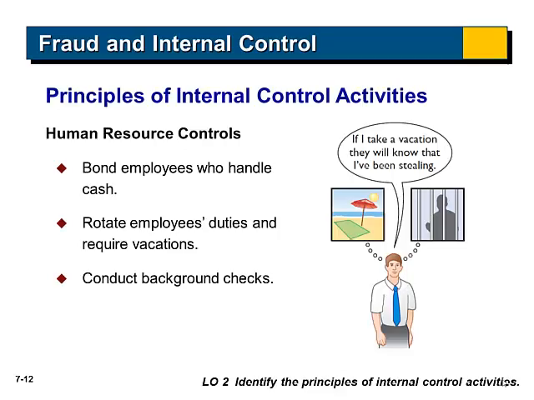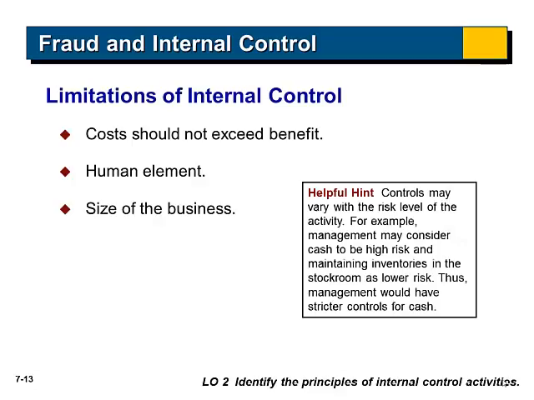So we've talked about all of these principles of good internal controls and how we can try to minimize fraud by increasing our internal control presence within a company. But there are also limitations of internal controls. Obviously, the costs should not exceed the benefits. You could put 1,000 cameras in your warehouse, but it probably wouldn't be cost efficient because the cost of 1,000 cameras wouldn't outweigh the benefit.